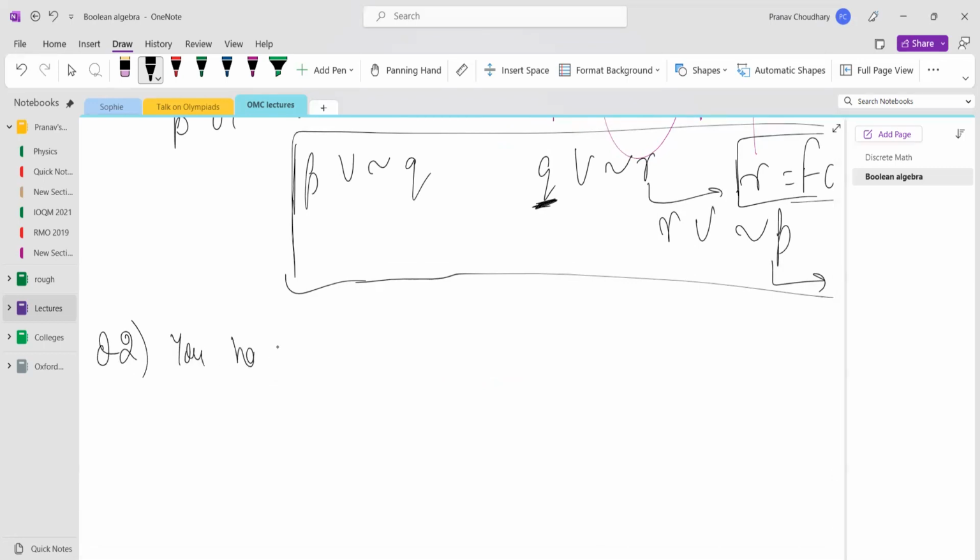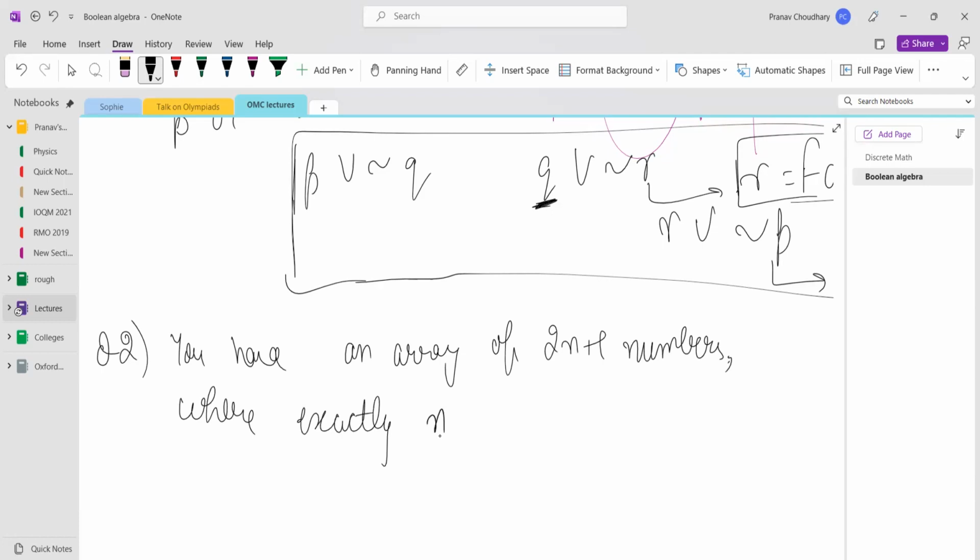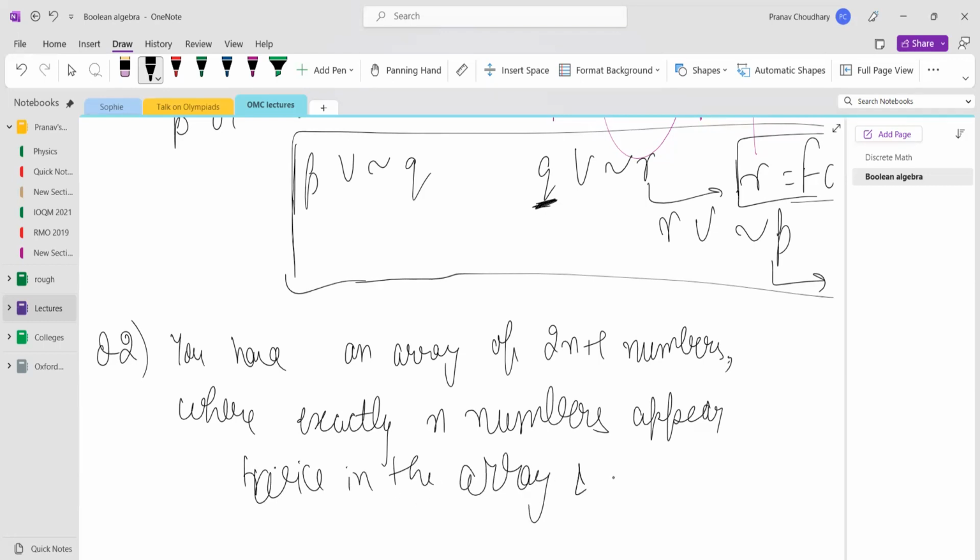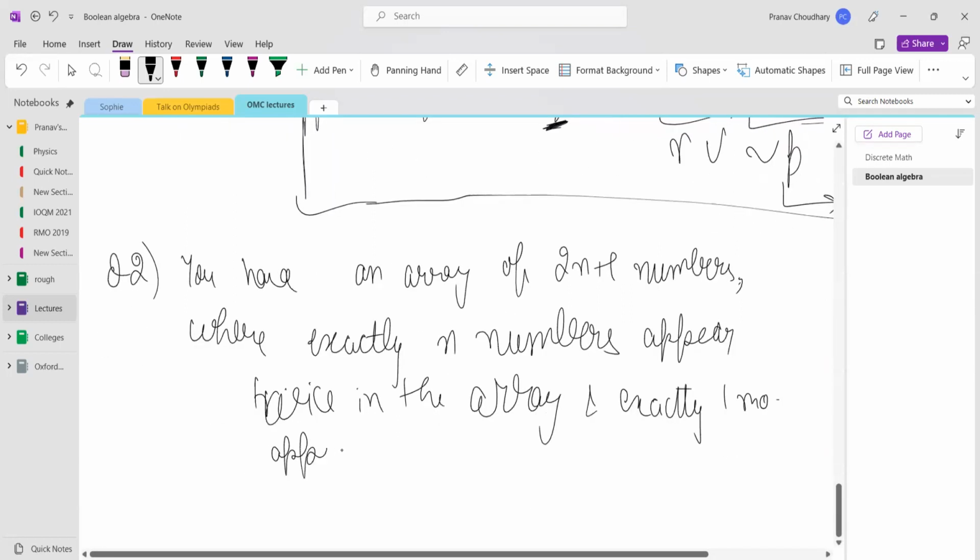So you have an array of 2n plus 1 numbers where exactly n numbers appear twice in the array, and exactly one number appears once.